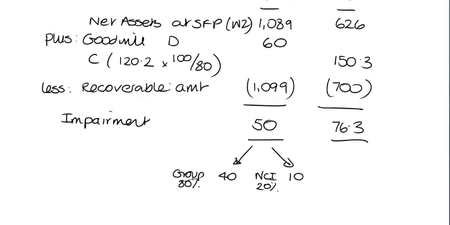But remember, because we are using the proportionate method, we only show a proportion of goodwill in the accounts, and that proportion is 80%. 80% works out as 61.04, so I'm going to write off a further 61.04 through the income statement, which again will flow through to group reserves.